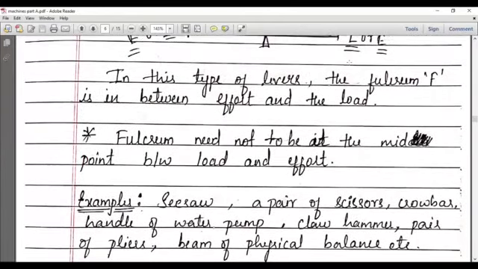When the effort arm is longer than the load arm in case of class 1 levers, what happens? The mechanical advantage and the velocity ratio of the class 1 lever will be greater than 1.